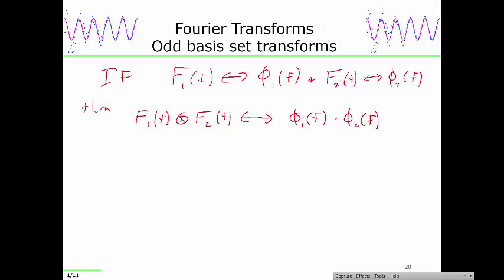So I'm going to decompose something. If I can write it as a convolution of two functions in the time domain, then in the frequency domain, there's simple products. So it turns out that's good and that's bad.